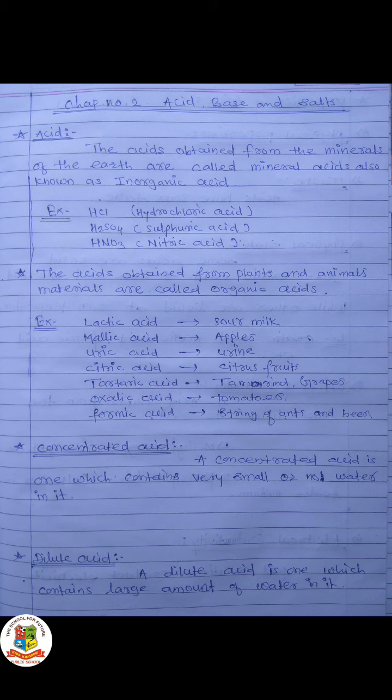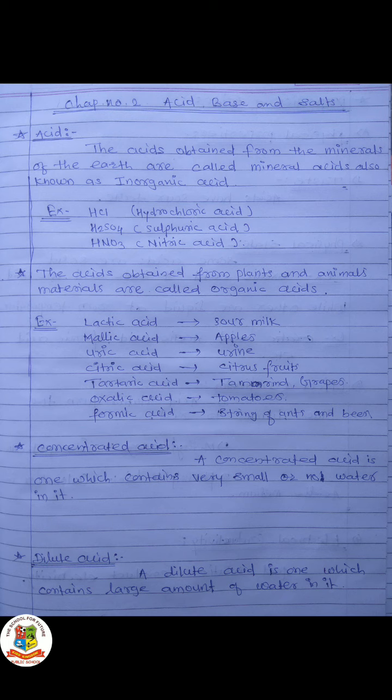What are the examples of mineral acids or inorganic acids? HCl is the best example. HCl means hydrochloric acid. Second example is H2SO4, sulfuric acid. Third one is HNO3, that is nitric acid. My dear students, these inorganic acids or mineral acids are concentrated, so they are dangerous.